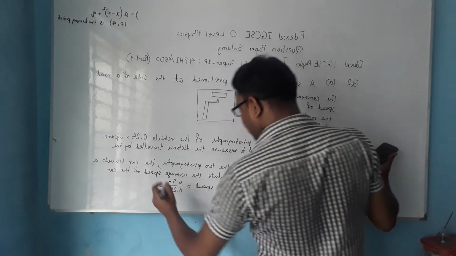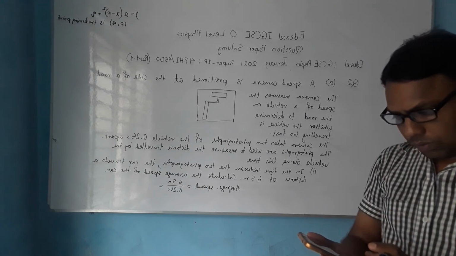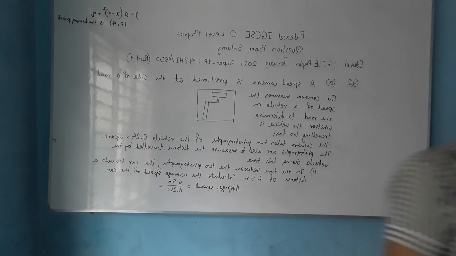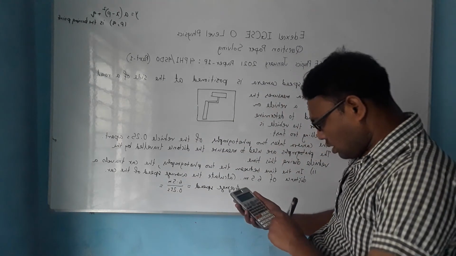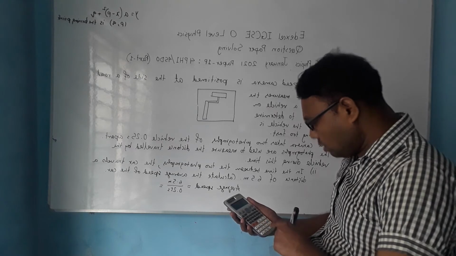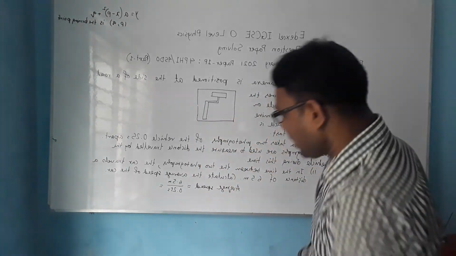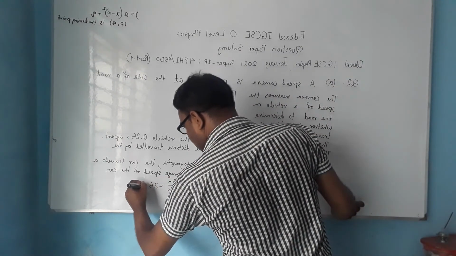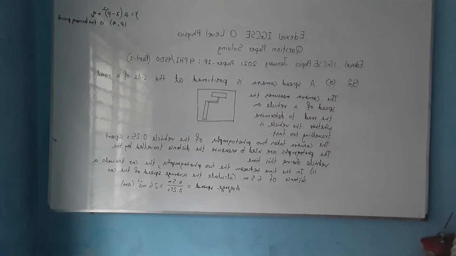So that is 6.5 over 0.25, which comes to 26 meters per second. So this is our answer, 26 meters per second.